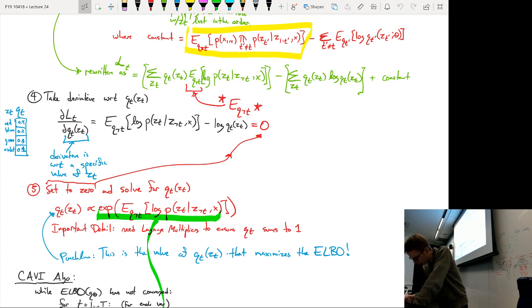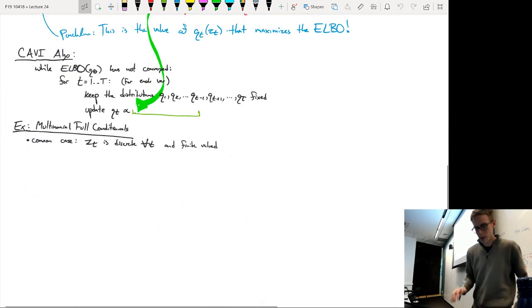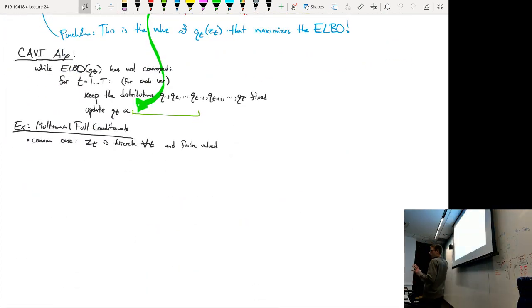This is a common case where zt is discrete for all t, and finite valued. So zt is discrete and it comes from a finite number of values. Like red, green, blue, violet.